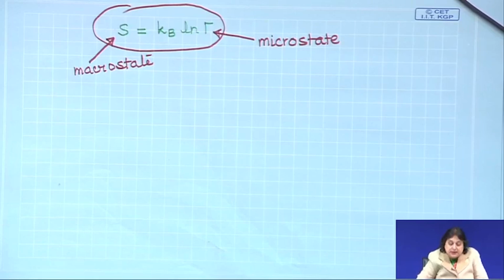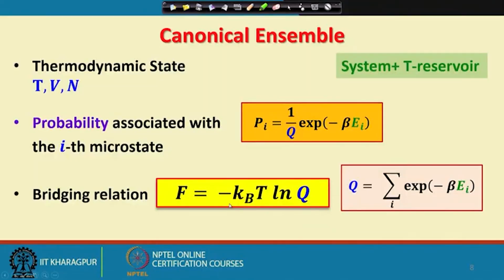In the canonical ensemble, we also have a similar relationship which can be derived from the Boltzmann hypothesis, and this relationship is F is equal to minus Kb T ln Q.